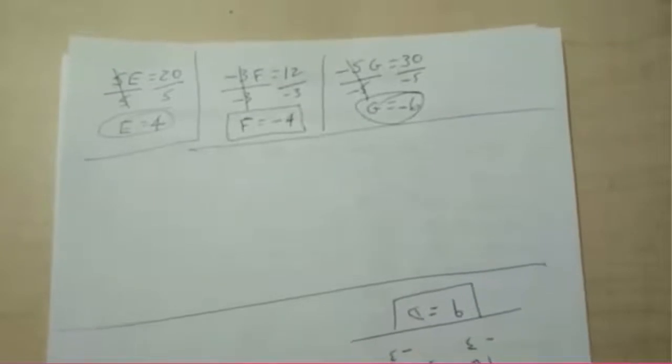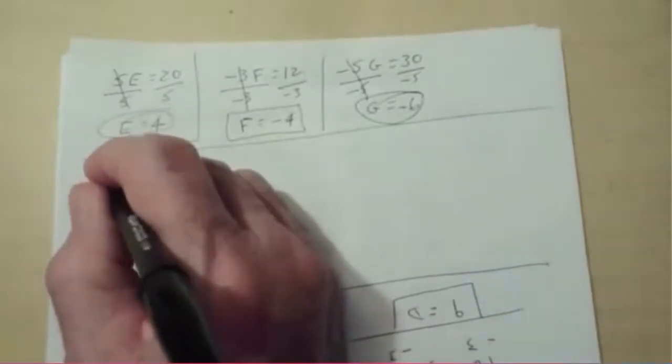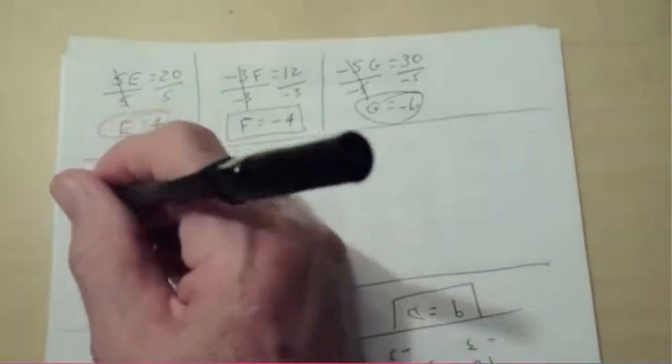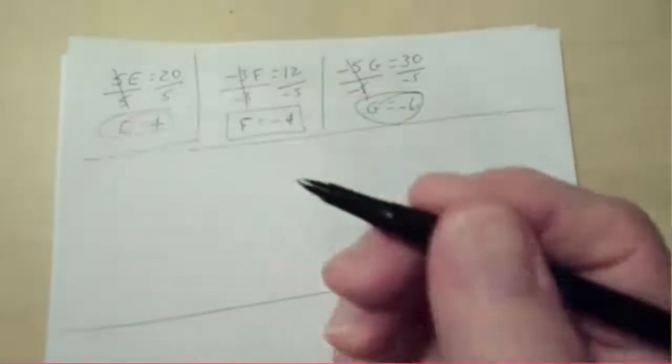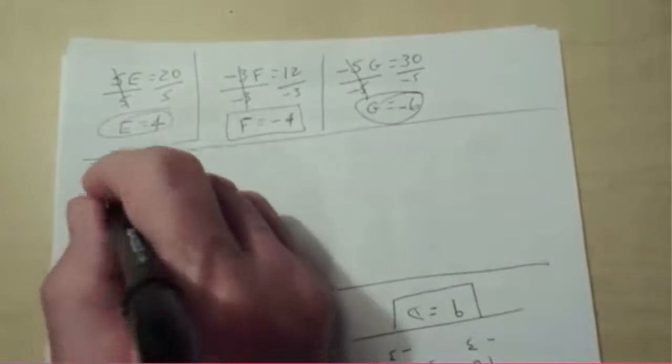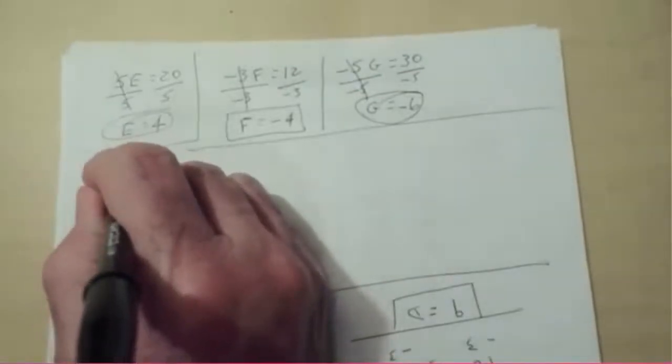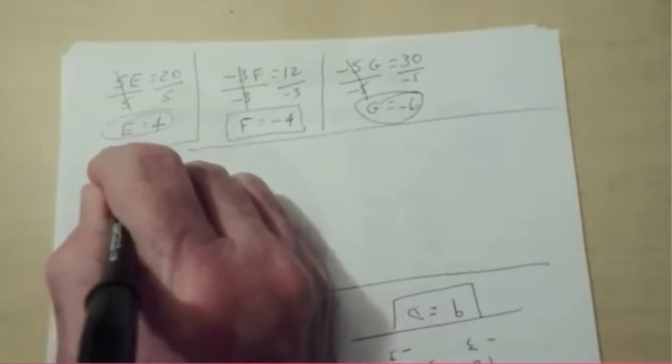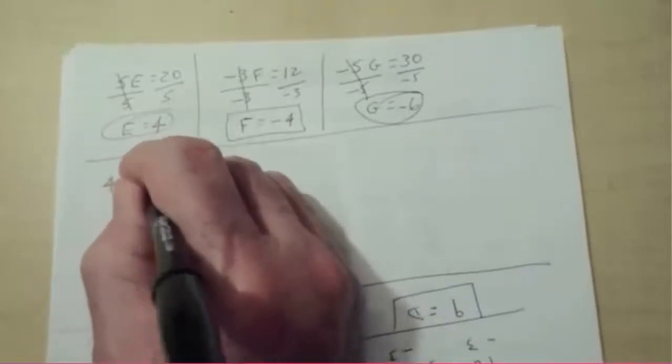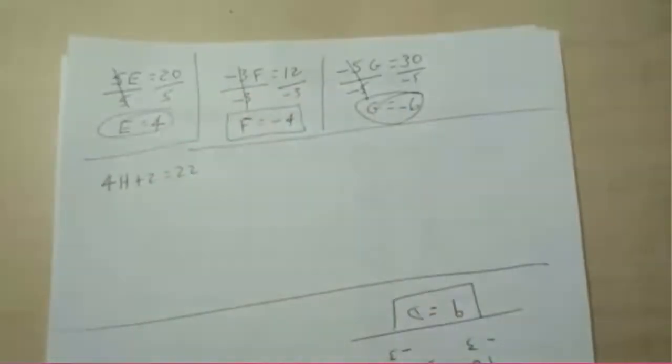Now, what if we have multiplication and addition or subtraction? What if we have 4h plus 2 equals 22.